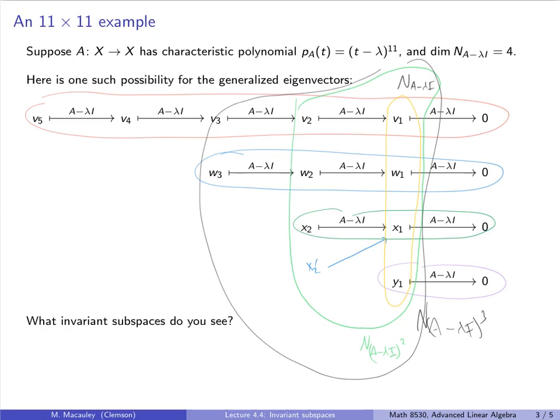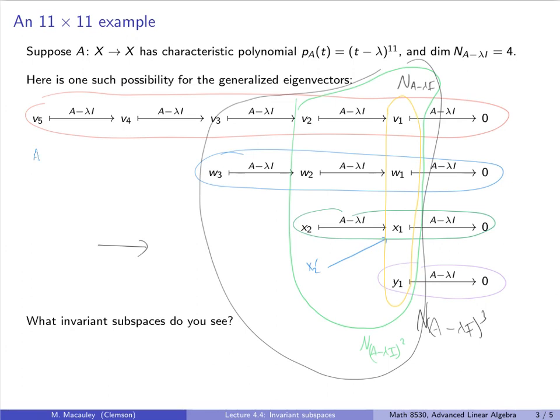And we can even mix and match. We can take v1, v2, w1, w2, w3, and y1, and that is going to be an invariant subspace because when we apply A minus lambda I, it sends everything to the right. Now, in the previous lecture, I said that any of these chains, the subspace spanned by them, is invariant under A minus lambda I, but also under A. And that's actually something that is true more generally for any subspace, and I think it's worth saying right now. Being A invariant and A minus lambda I invariant is the same thing.